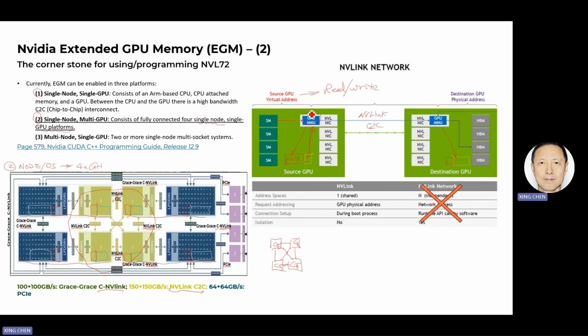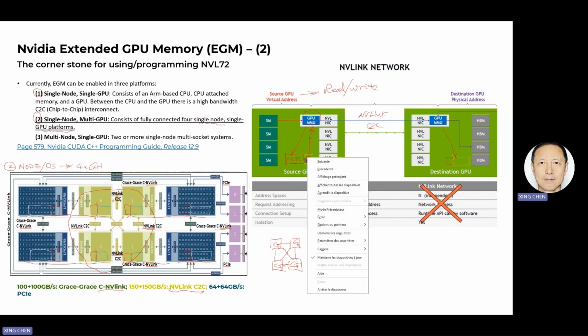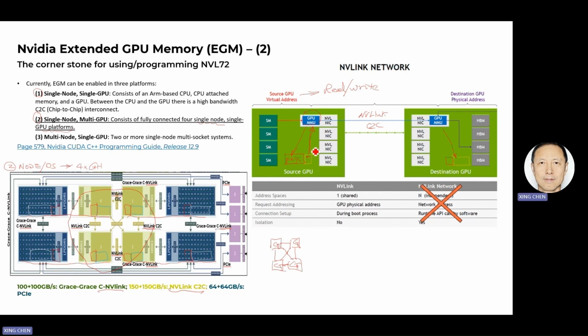So the source GPU is going to understand, okay, to get my data, I have to read from this physical address. The physical address I can get from this entry of this page table. And then I'm going to send my request. My route is NVLink. By sending my request, I'm going to ask this NVLink, okay, go and read the data from this physical address and give me back the data.